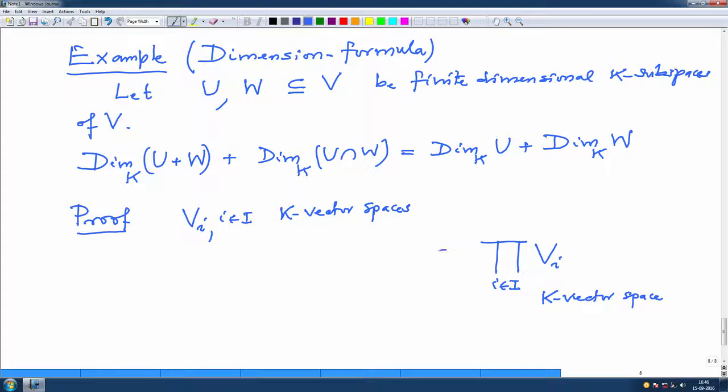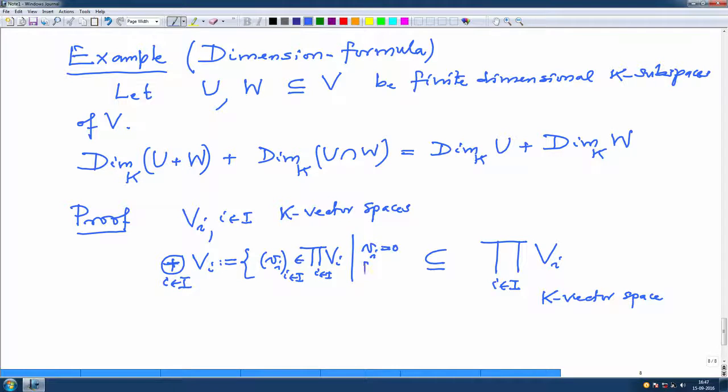And I consider a subset of this, which is denoted by this direct plus, circled plus. This is a subset of those tuples Vi with the condition that Vi equal to 0 for almost all i.